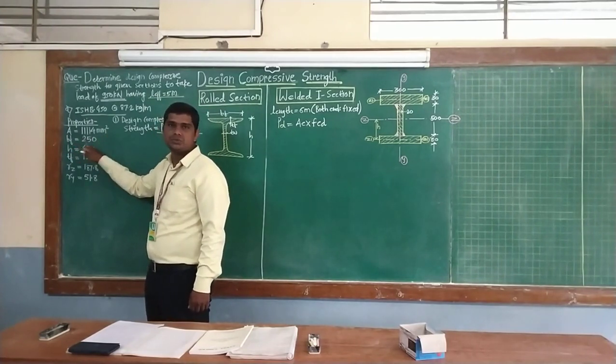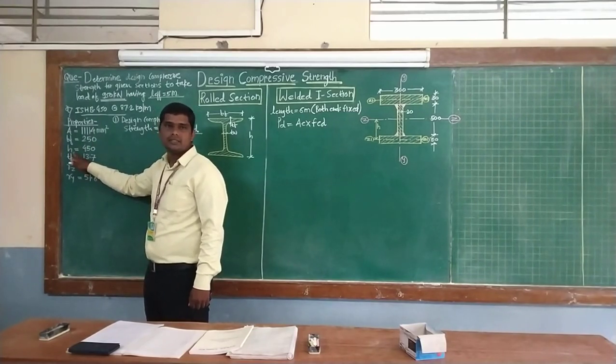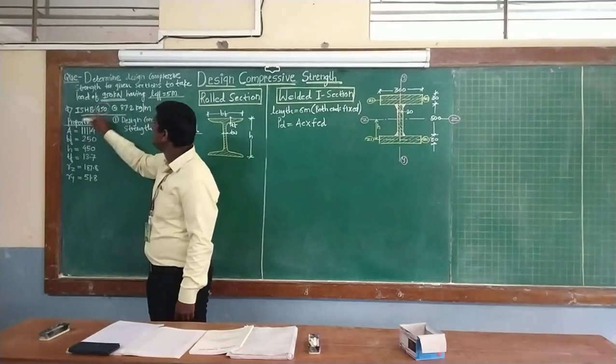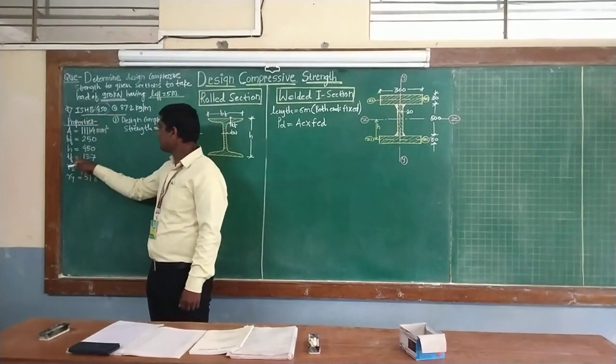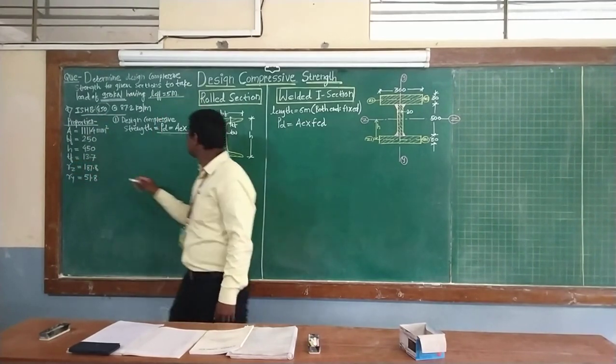Width of the flange is 250 mm. H is the depth of the I section, which is mentioned in the numerical, ISHB 450 stands for the depth of the I section. Thickness of flange is 13.7 mm.